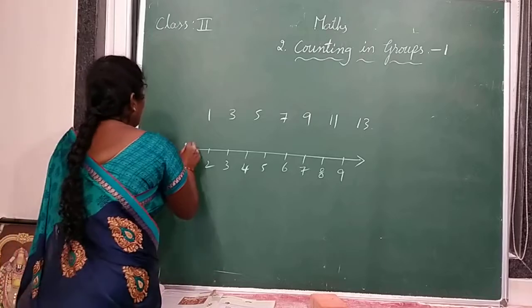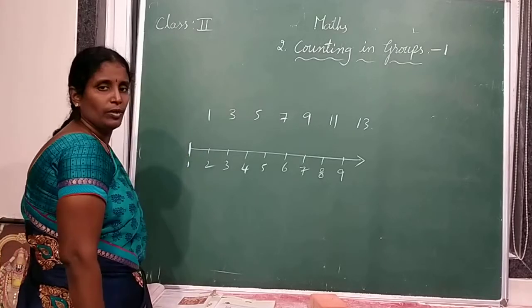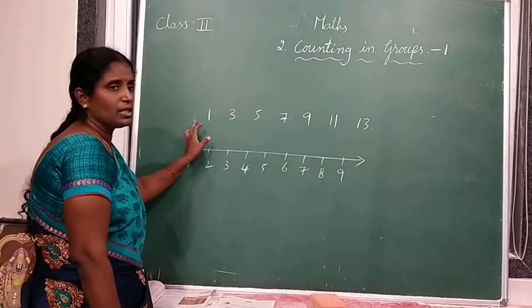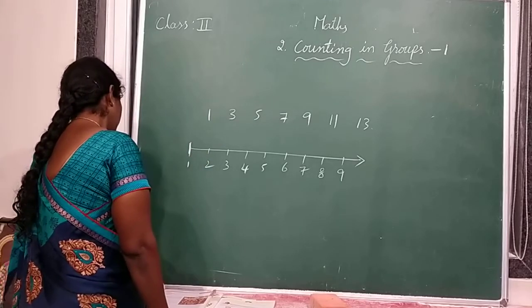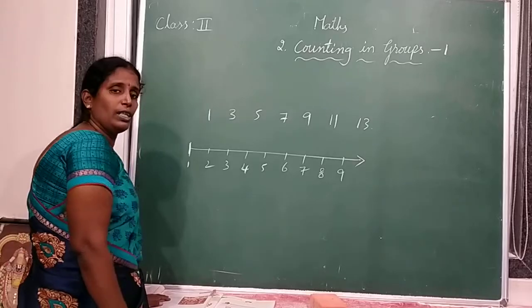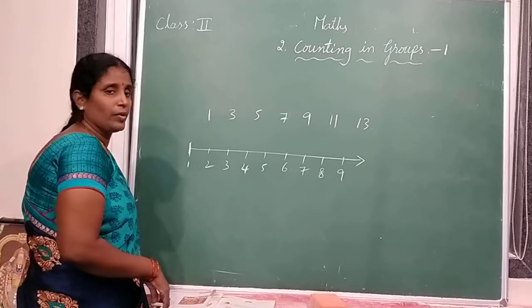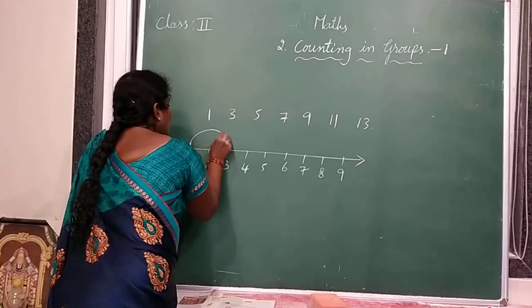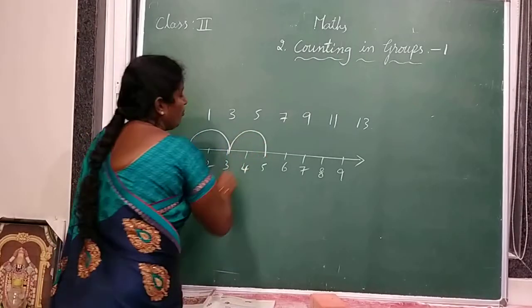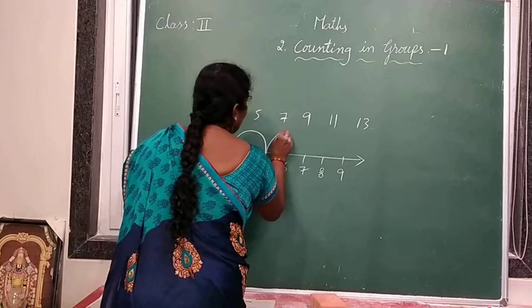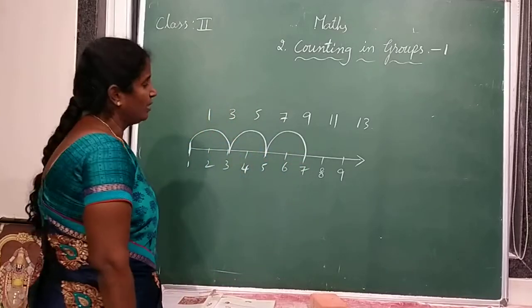So first roll number, here I started. And whose roll number falls after 2 numbers? So this one, 3. Again after 2 numbers is 5. Again after 2 numbers is 7.